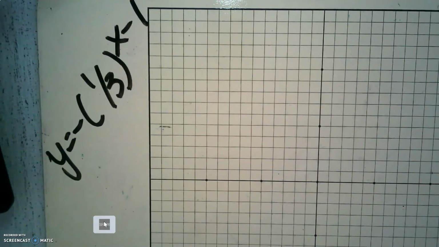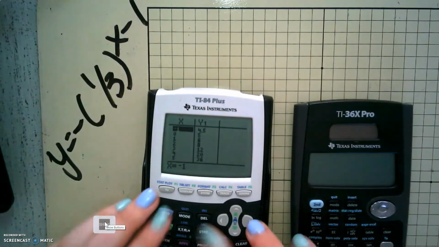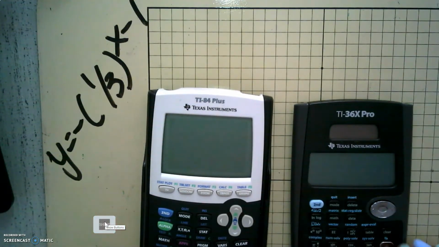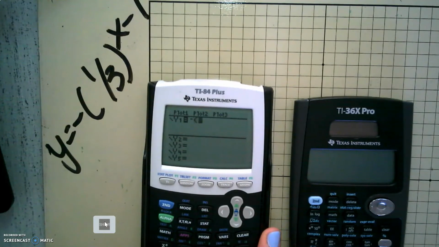I'm going to go to y equals and clear it out. Negative, I'm going to open up a set of parentheses and do 1 divided by 3 for my fraction, raised to the x minus 1.